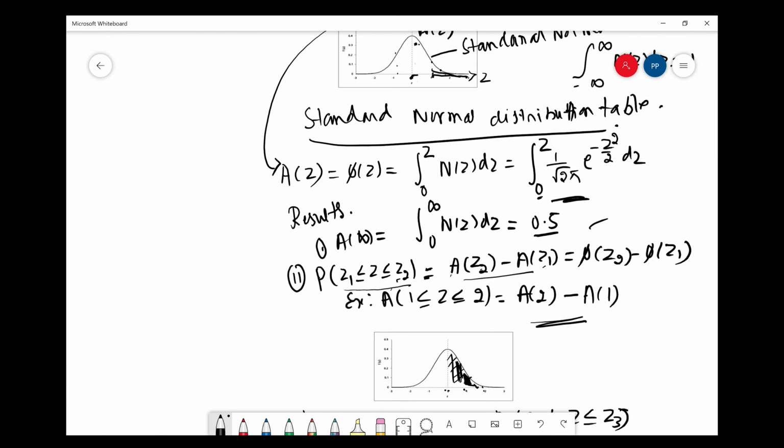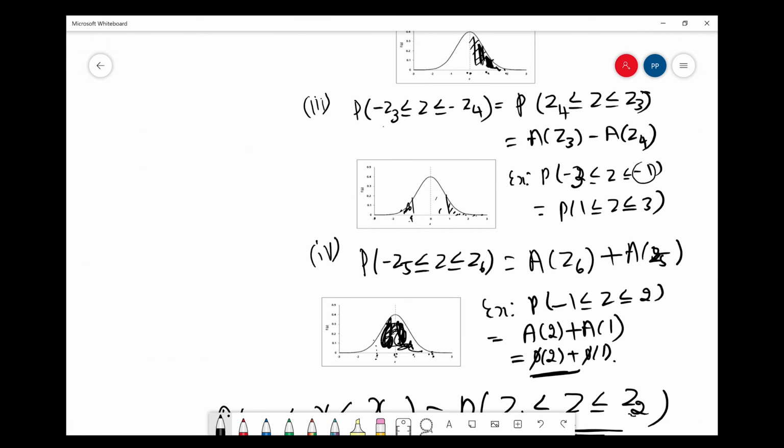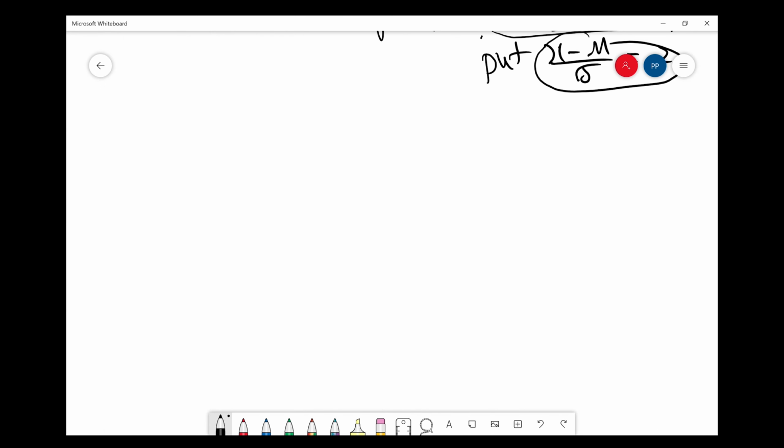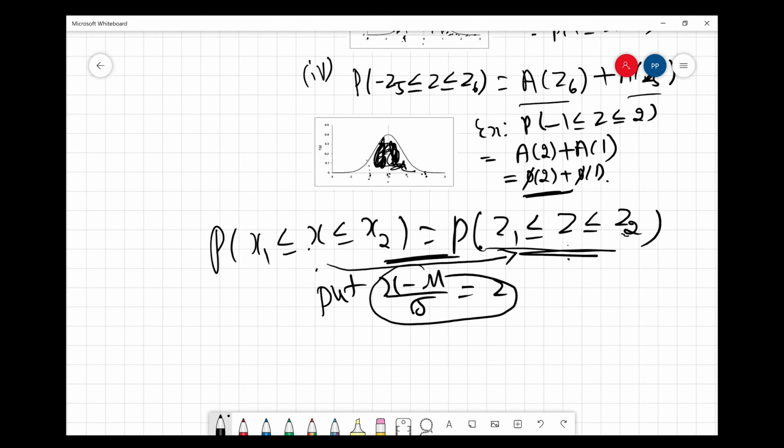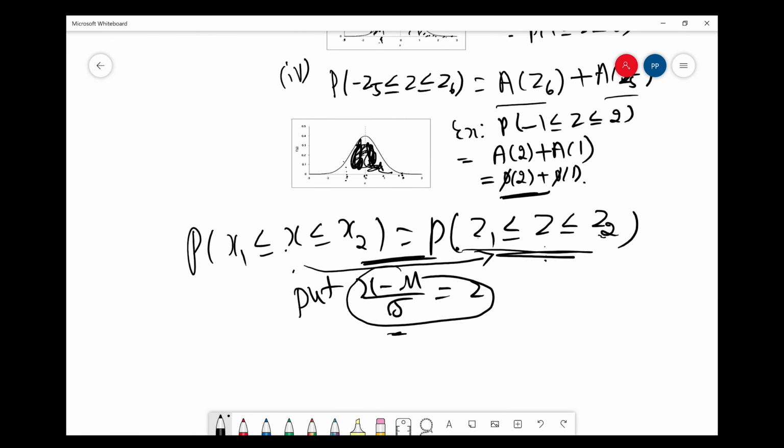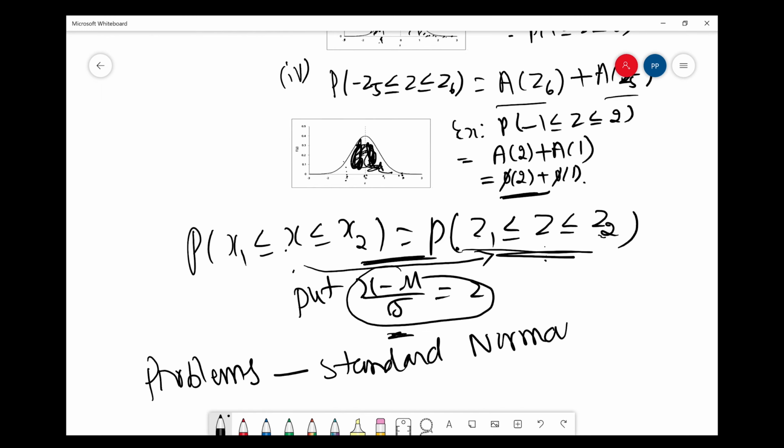Using these four results, and these values A of z or phi of z are given from the table, which is called the standard normal distribution table. Using that, we can easily work out the problem. Therefore, the problems are simple here. Just for the problems, we are using that standard normal distribution table, or simply normal distribution table.